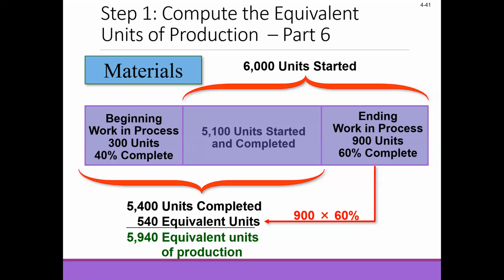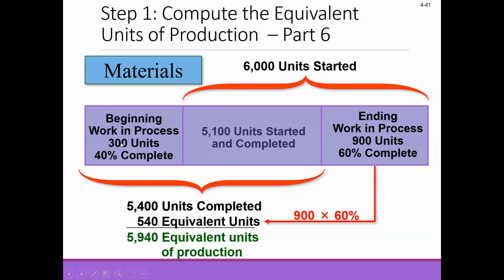And so if we started 5,100 during the month and completed them, we got these out too, since they've been sitting since the beginning. Okay, yeah, thank you. You bet. So this gives us the 5,100 plus the 900 units, which show us what's been started.